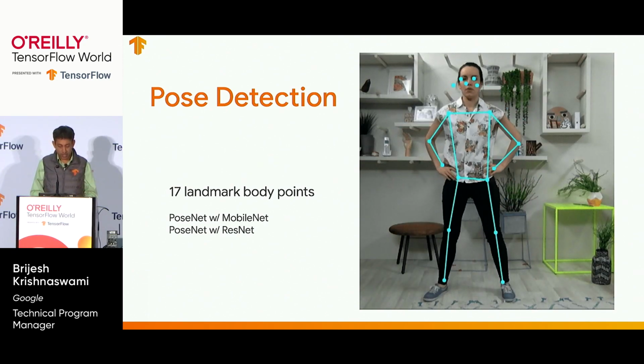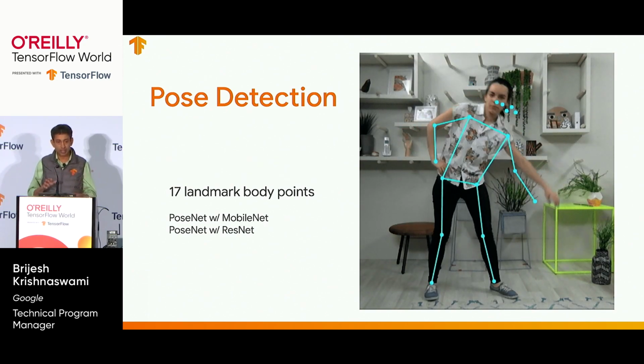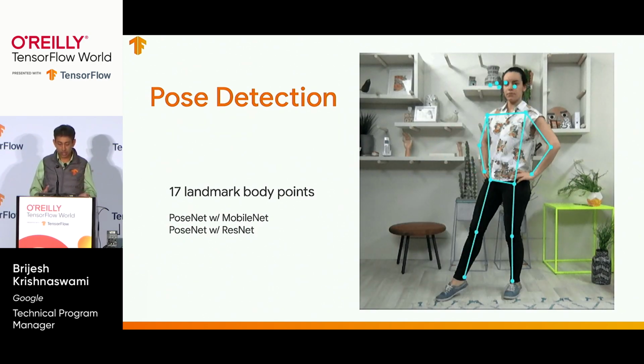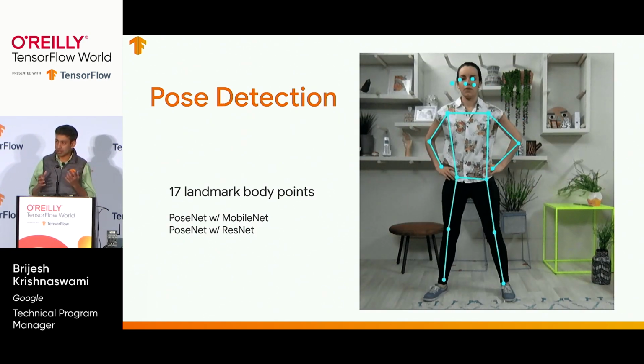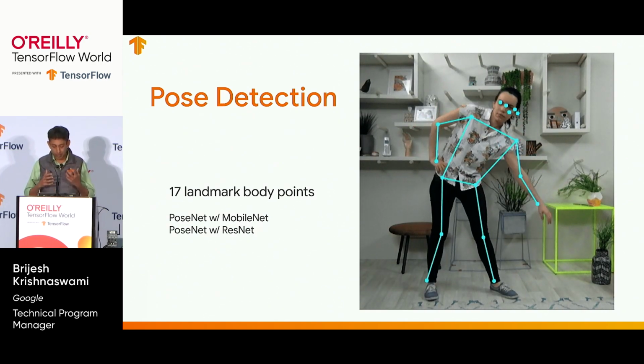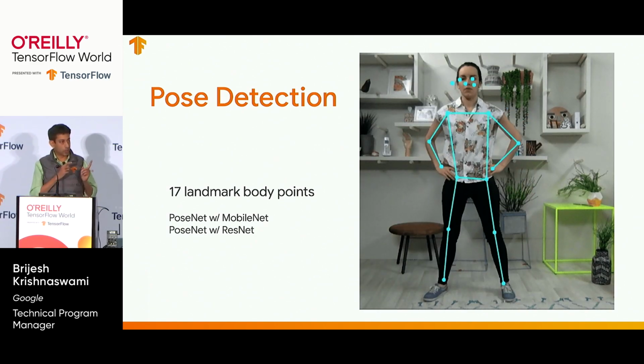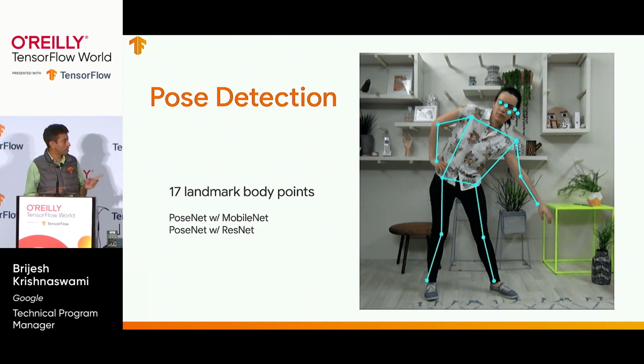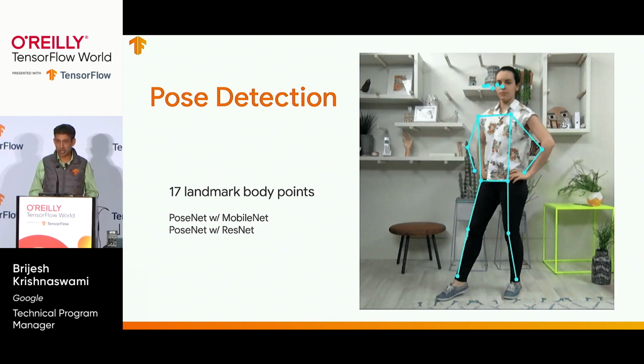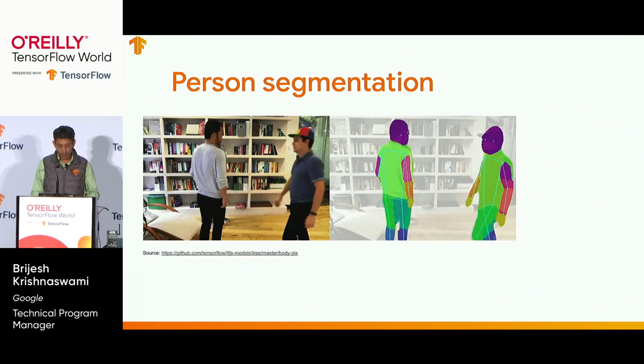And it enables use cases like gesture-based interaction, augmented reality, animation, and so on, things that are well served by running ML on the client. By the way, you can explore a demo of this particular model at our booth in the expo hall.